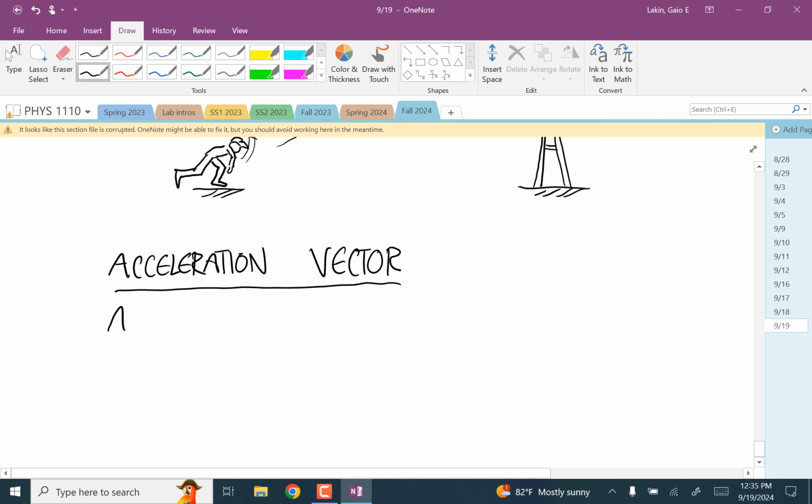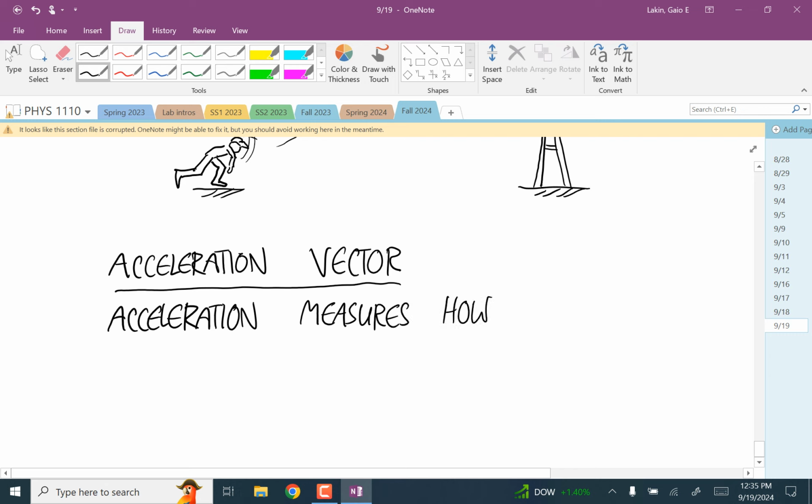And acceleration, just like in 1D, is a measure of how quickly the velocity is changing. So acceleration measures how quickly velocity is changing.